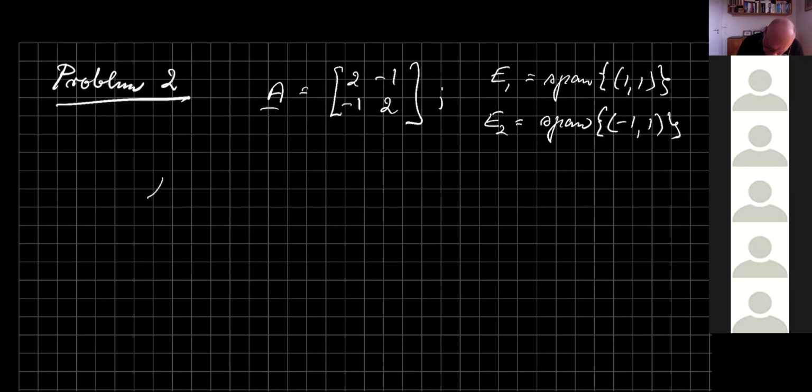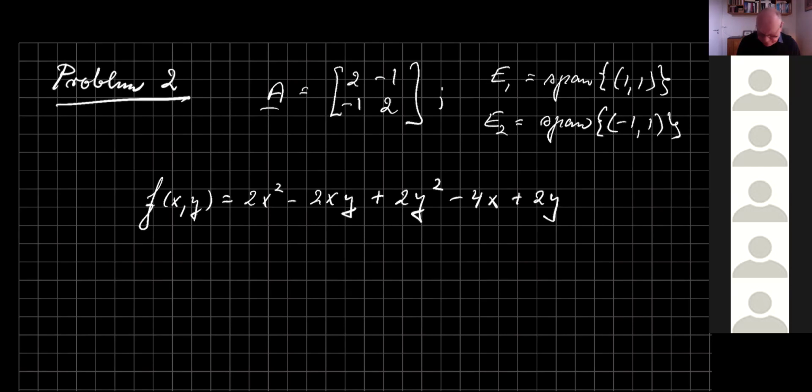Now, if you look at your quadratic polynomial, then it's 2x squared minus 2xy plus 2y squared minus 4x plus 2y, and then plus 2.